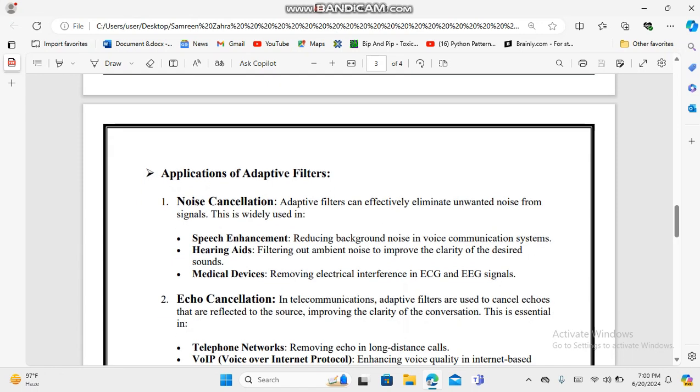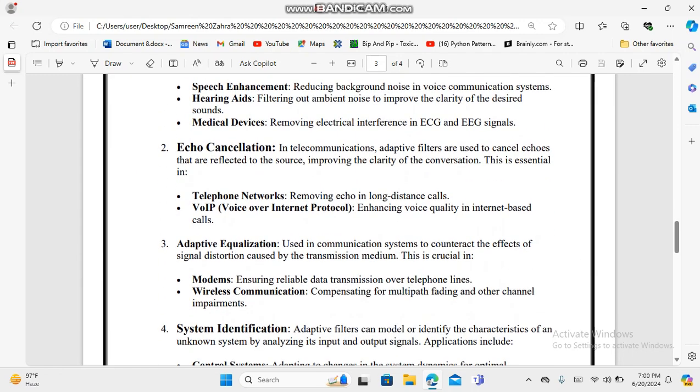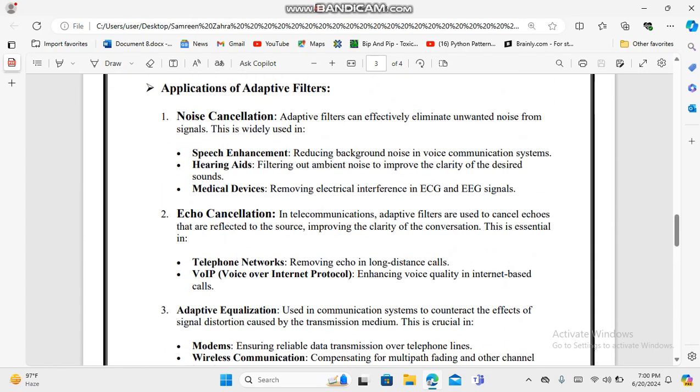Now moving toward the applications of adaptive filters. Adaptive filters have various applications in the telecom industry. Here are a few applications: noise cancellation, echo cancellation, adaptive equalization, system identification, and beamforming. So, what is noise cancellation? Adaptive filters can effectively eliminate unwanted noise from signals.